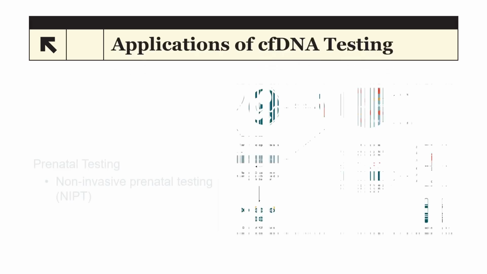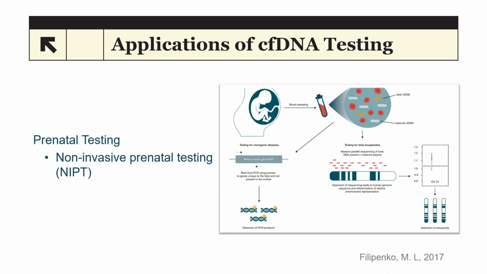Prenatal testing. cfDNA testing is commonly used in prenatal care to screen for certain genetic conditions, such as Down syndrome, Edwards syndrome, and Patau syndrome. By analyzing fetal DNA in the maternal blood, cfDNA testing can provide accurate and early detection of these chromosomal abnormalities without the need of invasive procedures like amniocentesis or chorionic villus sampling.